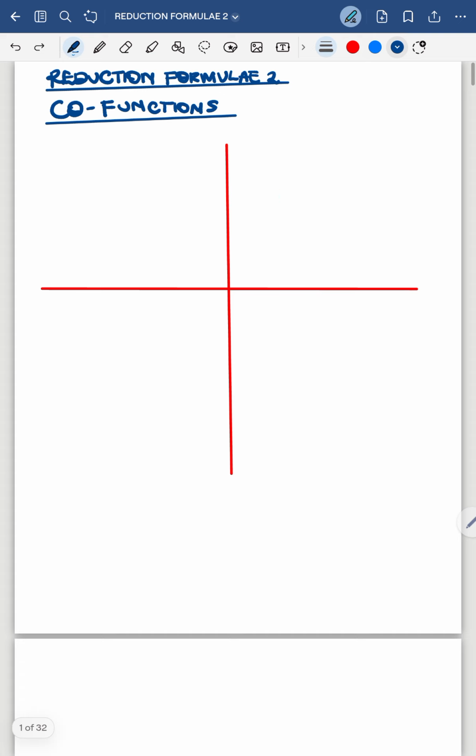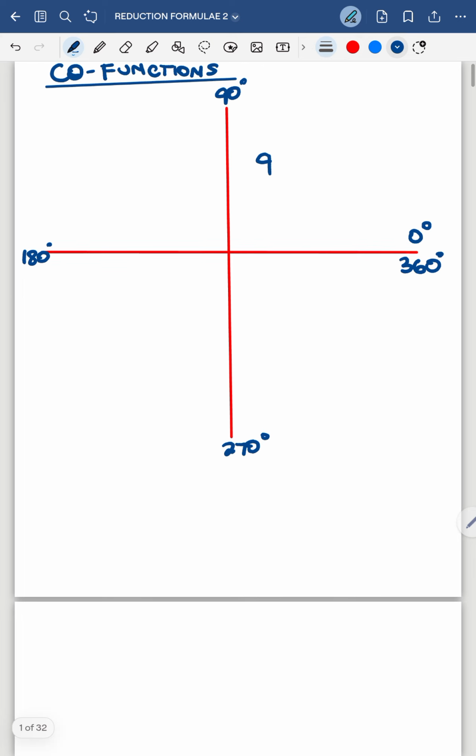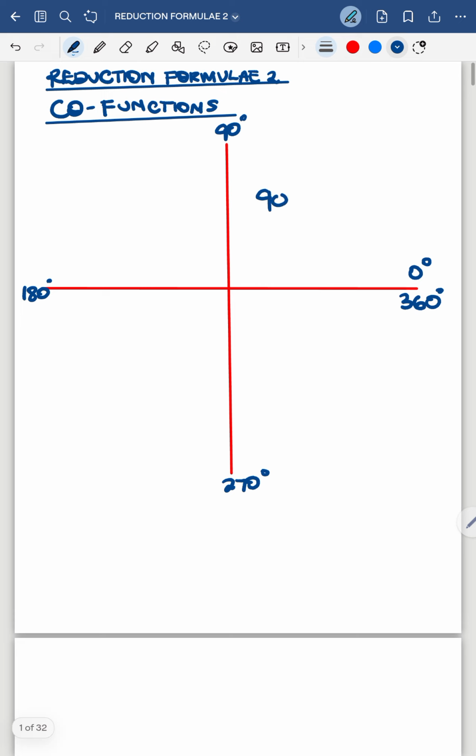Let me write 90 degrees here, then 0 degrees there, then 360 degrees, 270, then 180 degrees. We said the first quadrant is 90 degrees minus theta.